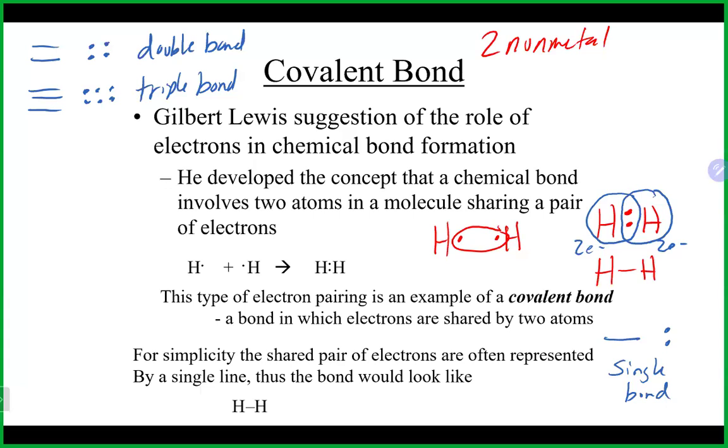In some cases, you may need double bonds, and in certain cases, you may need triple bonds to make everybody happy. Any questions on that? I personally will probably use lines to represent those electrons being shared as a bond, but you can use dots or lines in this particular case.